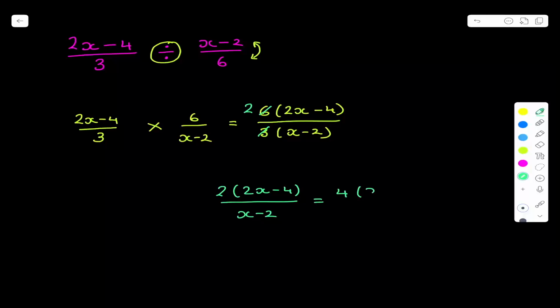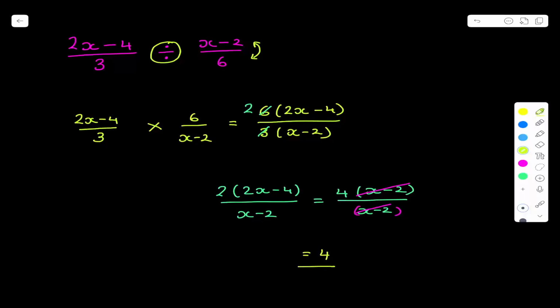And so in the bracket, you're left with x minus 2. And on the denominator, we have x minus 2. And would you look at that? You have x minus 2 on the top, x minus 2 on the bottom. They could actually cancel. And so you're actually just left with 4 as the solution for this. So hopefully that's making sense.